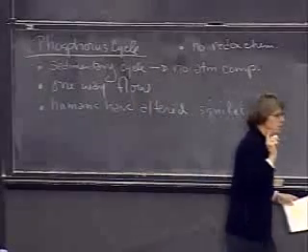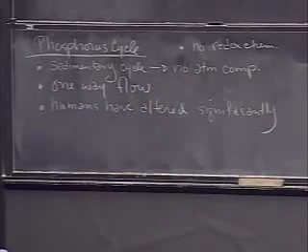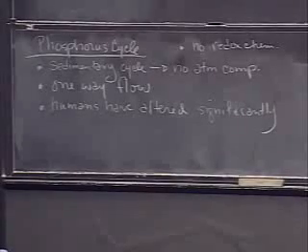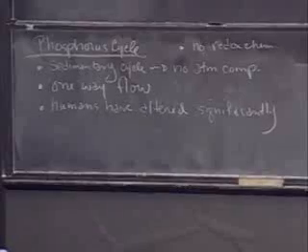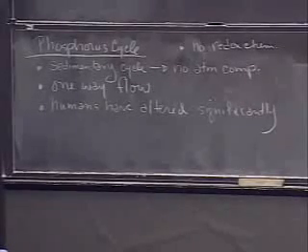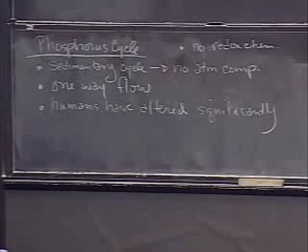In other words, the humans are responsible for this, basically for this one-way flow, by mining the phosphorus and putting it into the agricultural system. And there's the return flux.